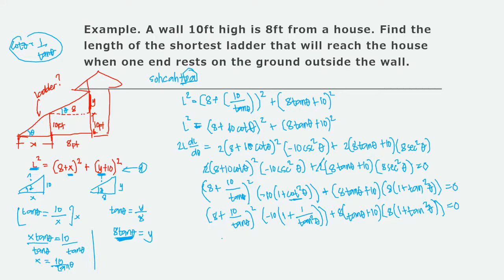So in order for us to easily find the value of our tangent, we can replace tangent theta by x. That gives us (8 plus 10 over x squared) times negative 10 times (1 plus 1 over x squared) plus (8x plus 10) times 8 times (1 plus x squared).